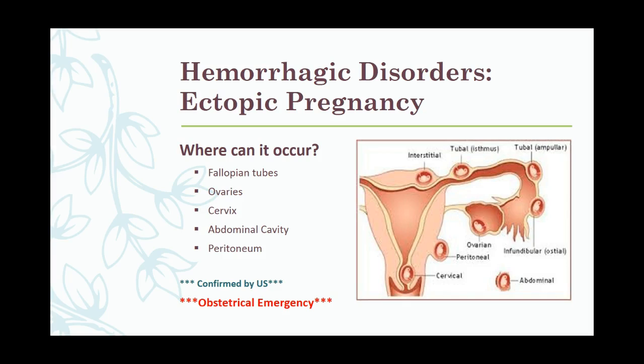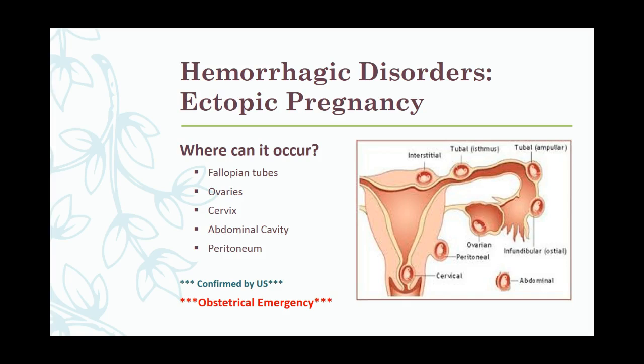So what about ectopic pregnancies? Well, we already know from previous lectures that ectopic pregnancies are an obstetrical emergency, and the reason is because if this ectopic pregnancy ruptures, then the woman has the potential to hemorrhage and have signs of hypovolemic shock or go into hypovolemic shock and has the potential to actually die.